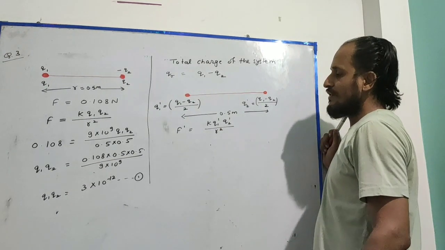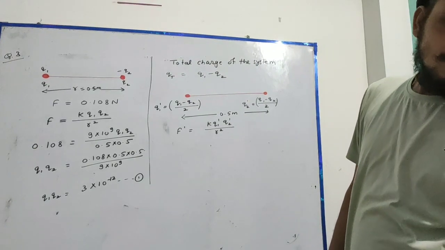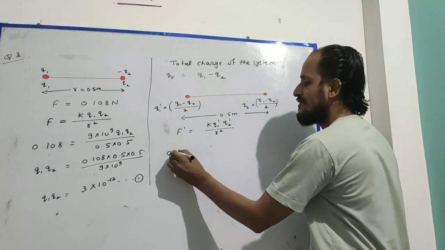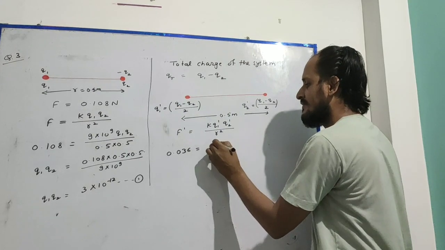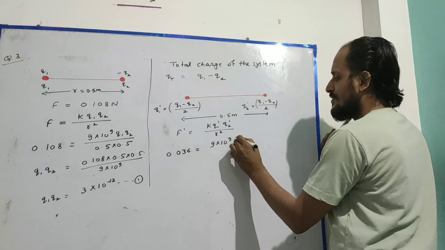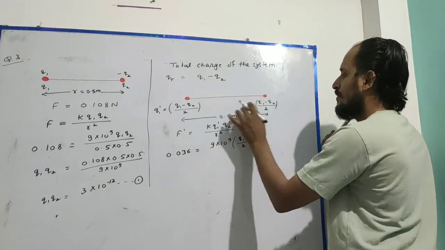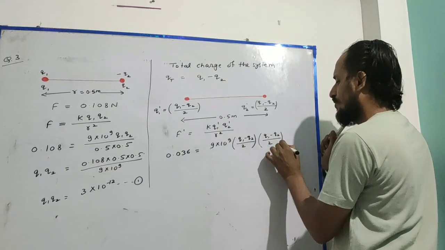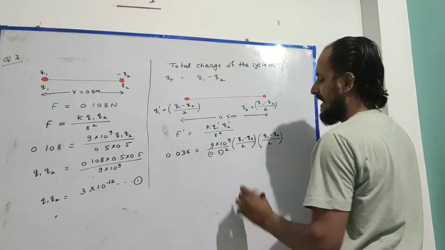It is provided in the question that the new force is 0.036 Newton. 0.036 equals K, 9 into 10 raised to the power 9, Q1 dash you can put Q1 minus Q2 by 2, Q2 dash you can put Q1 minus Q2 by 2, and upon R square, 0.5 square.